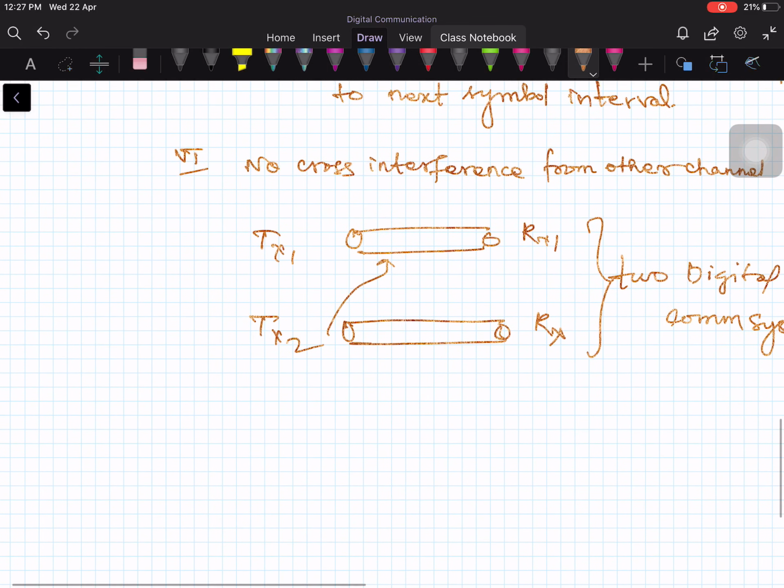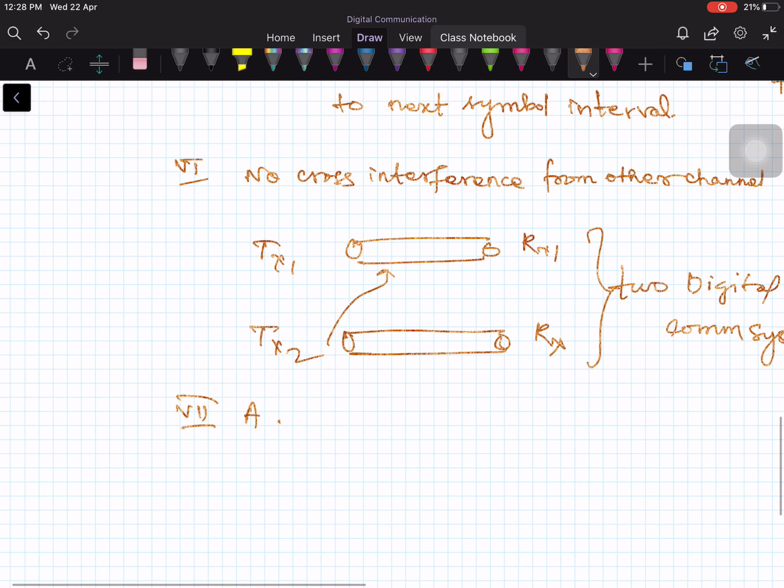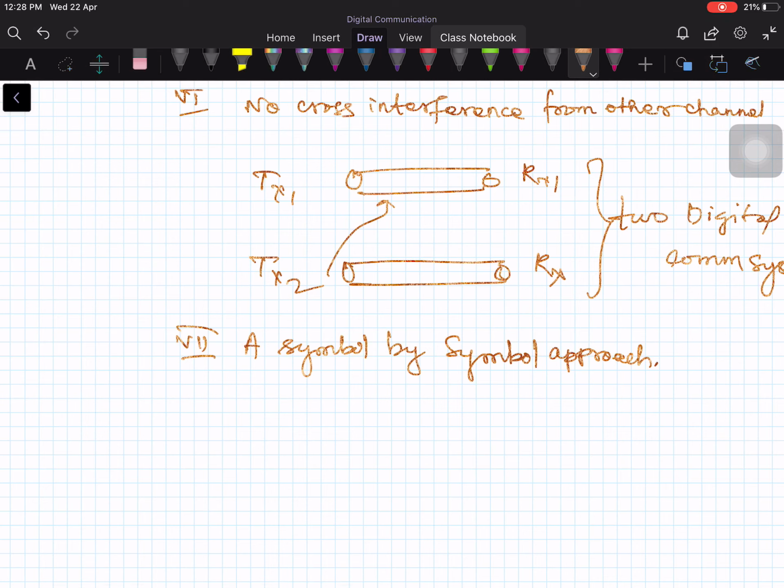And the last very important assumption is that we are going to study the symbol by symbol approach. First you take one symbol, finish it, demodulate it, decide what was transmitted, and then go to the next symbol. So this is called the symbol by symbol approach. The important assumption we have made here is that we have perfect timing synchronization.